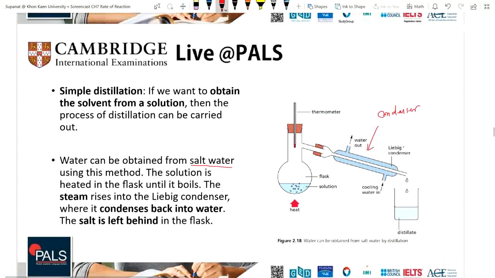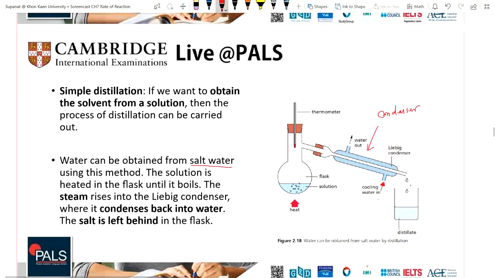The condenser has a cooling system here. Here is the way to supply the cooling water in, and here is the way for the cooling water to go out, and it's going to circulate in this condenser. It is made to lower the temperature to condense the vapor into liquid.